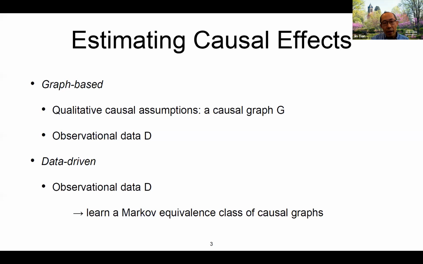In this case, the rough idea is we are going to run a causal discovery algorithm attempting to learn a causal graph. But normally, we will not be able to learn the unique underlying true causal graph. Instead, we may be able to learn a Markov equivalence class of the causal graphs. So in the second scenario, I will discuss how to estimate causal effect given a Markov equivalence class of causal graphs.